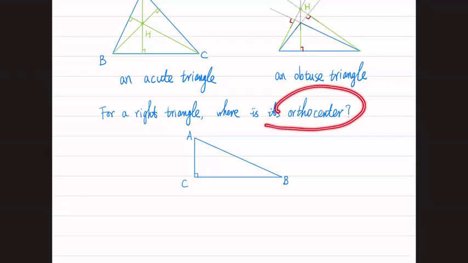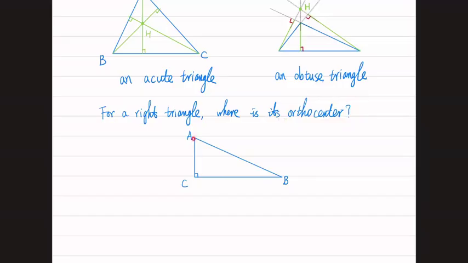Where should it be? It should be on one of the lines. Okay, which line? This one, or this one? I'm not sure. Okay, so the orthocenter is the intersection of the altitudes.